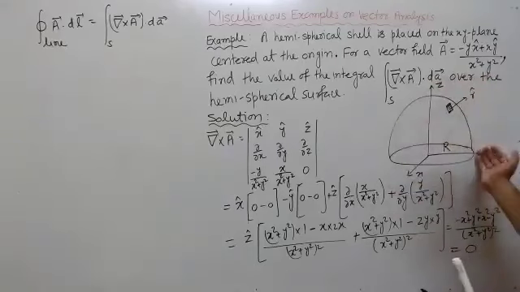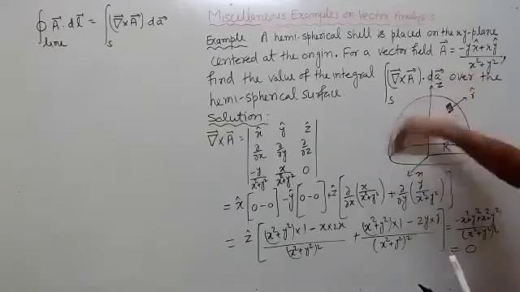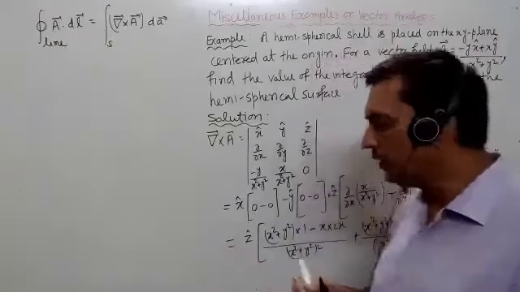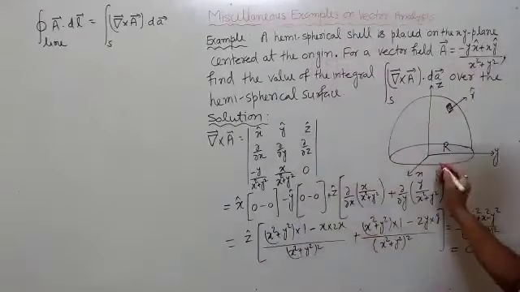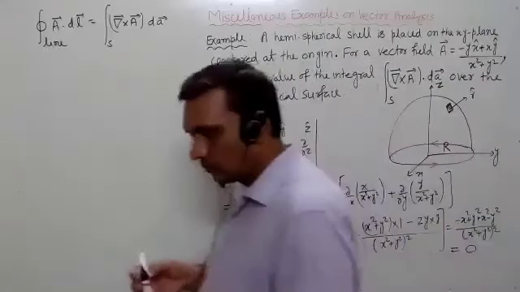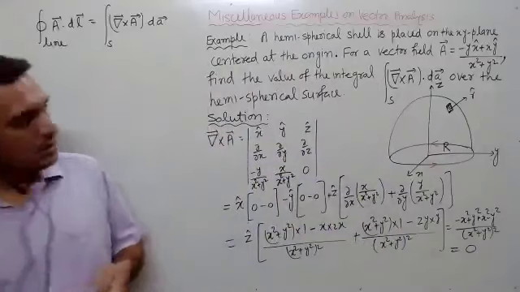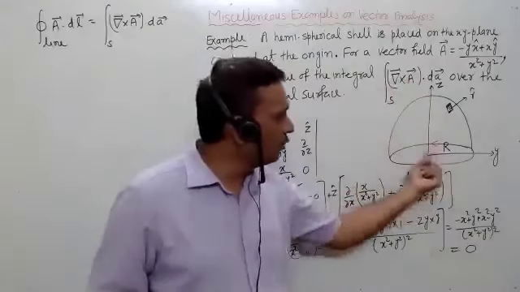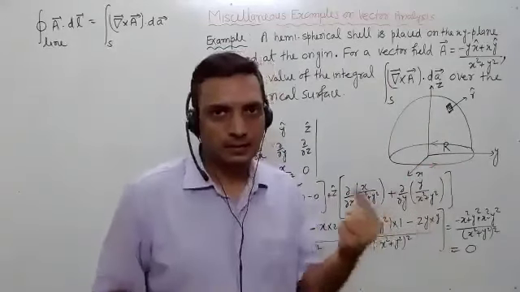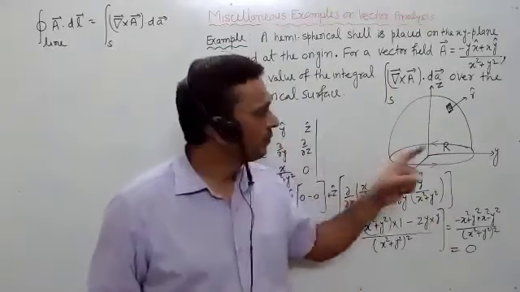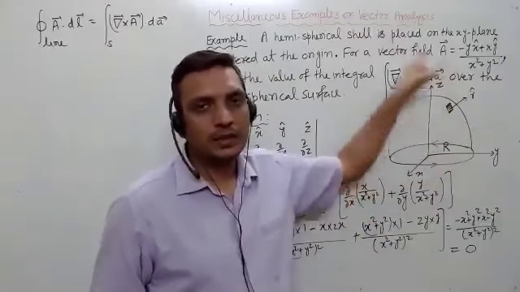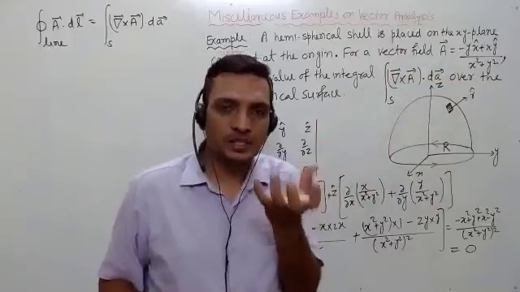This hemispherical surface is surrounded by a closed line, and the closed line is the circle. Is it clear? This is an open surface because it's a hollow hemisphere.